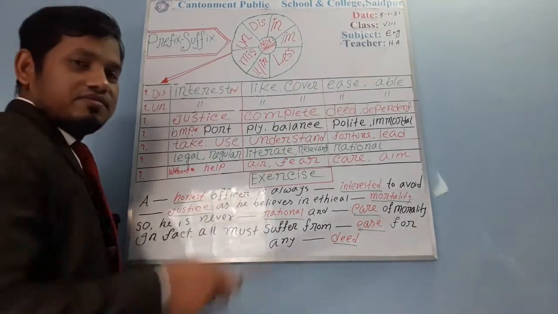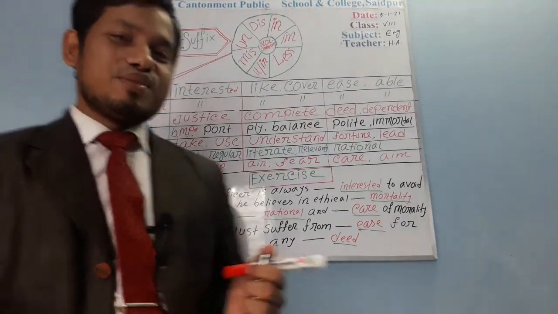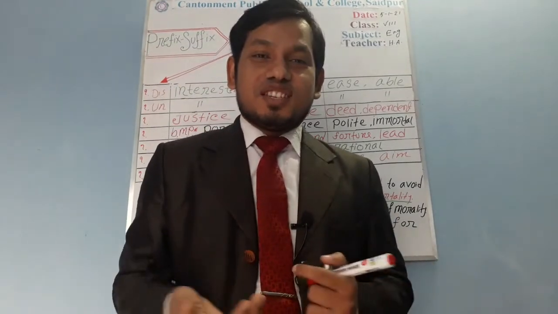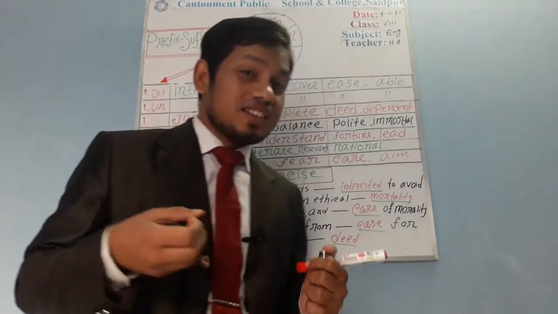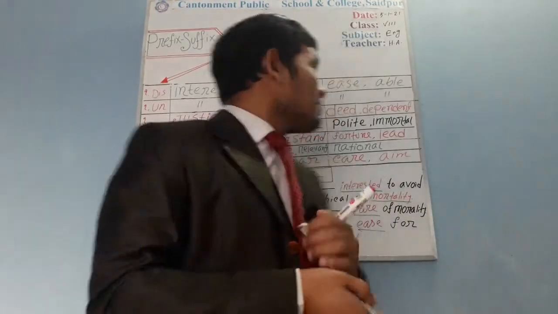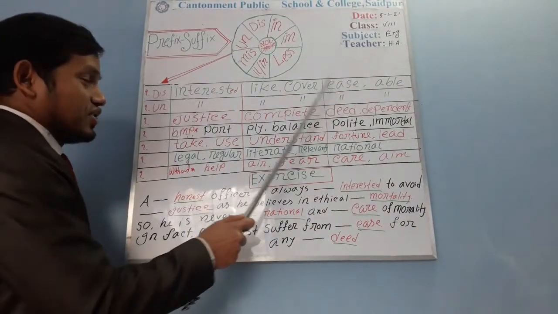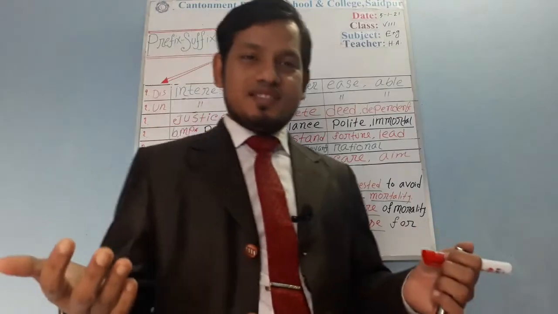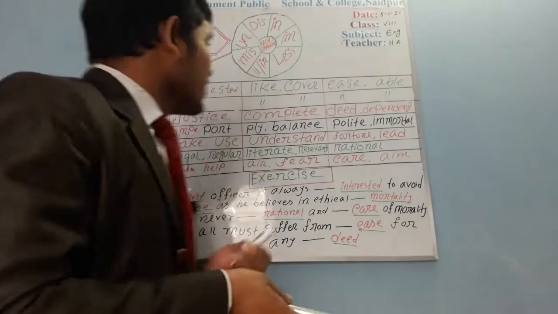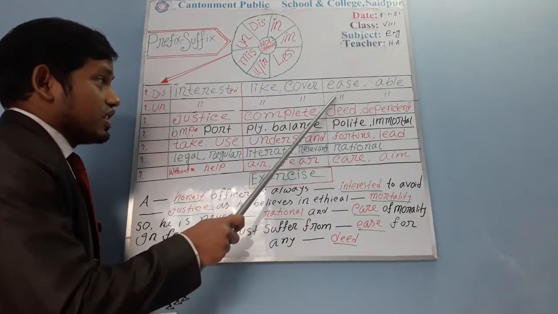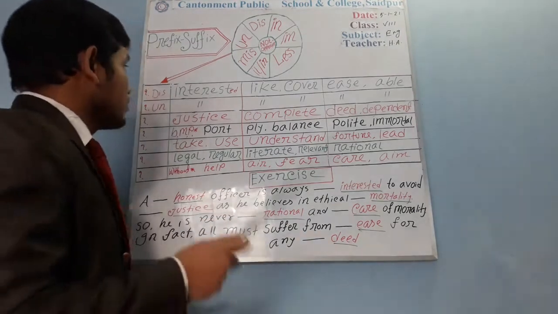Next, ease. Ease, everybody wants to be at ease in each situation, right? Ease means here what? Comfort. Okay? But unease. Unease means what? Not comfort. So ease means comfort and unease means not comfort.